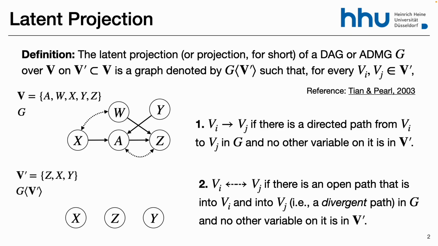From X to Z, I'm going to add an edge from X to Z if there exists a path from X to Z, and that is the case. It's from here to here, there's this directed path, and all the variables in this path are not part of my V prime, so I'm removing them.